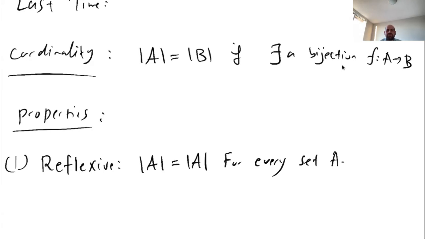Reflexive relation means every element in the set is in relation with itself. Now, in this case, the relation is equality of cardinality.